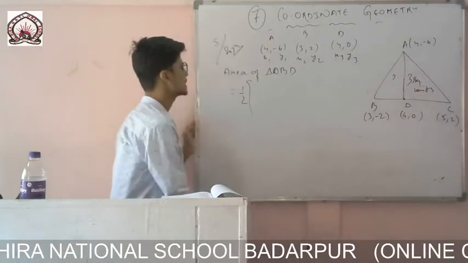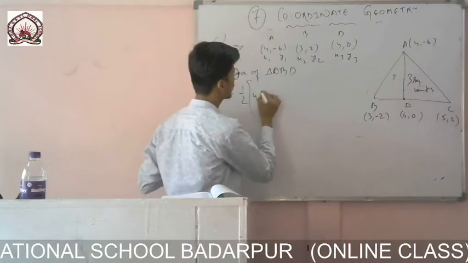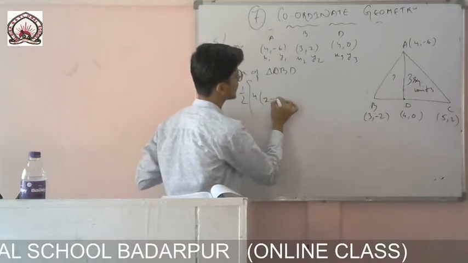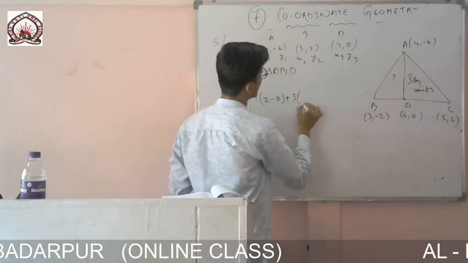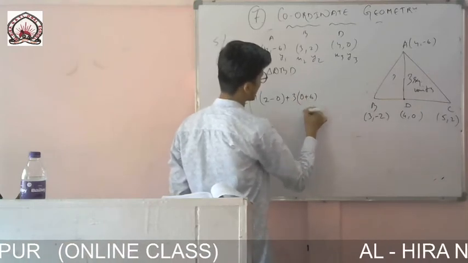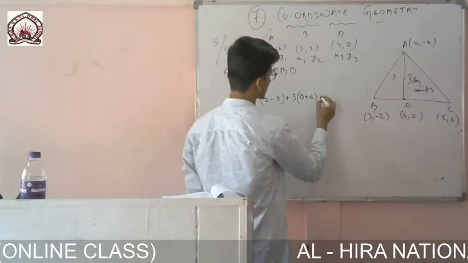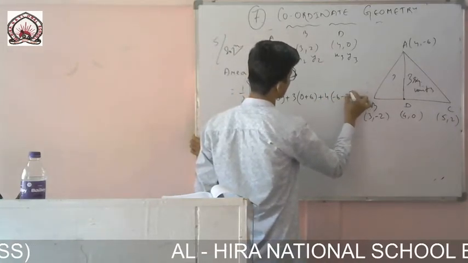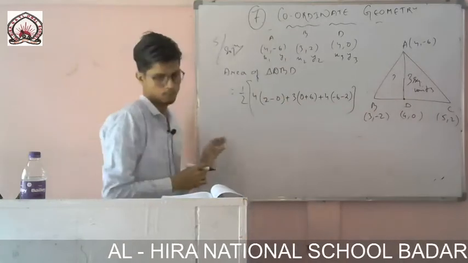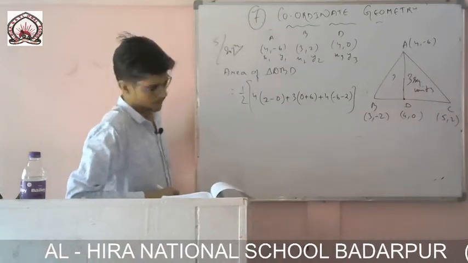So now I can easily write x1, it is 4 into (2 minus 0), plus, then again 3 into (0 plus 6), minus minus becomes plus, and the last one plus 4 into (minus 6 minus 2).